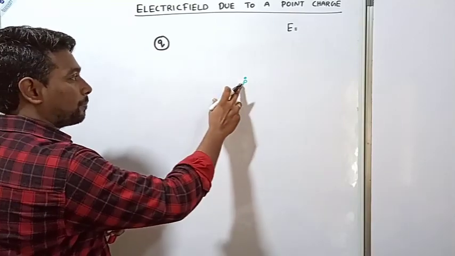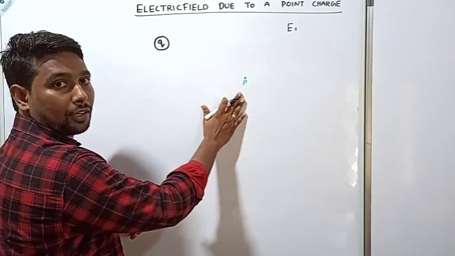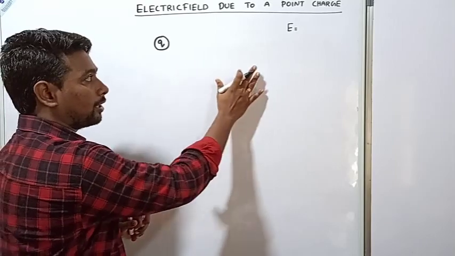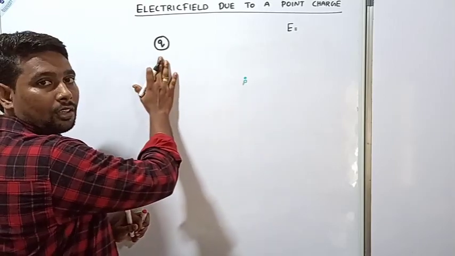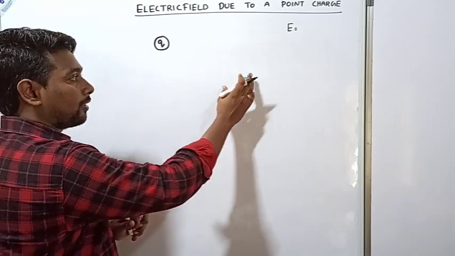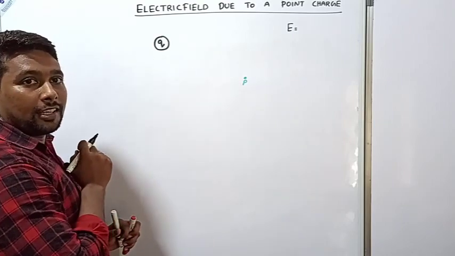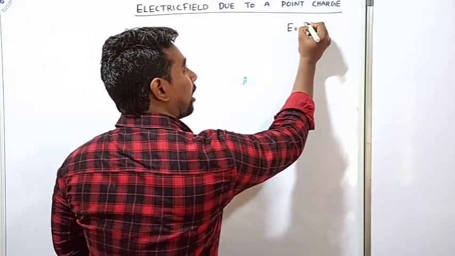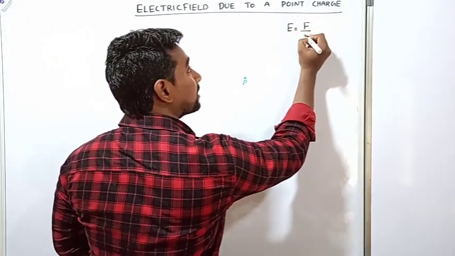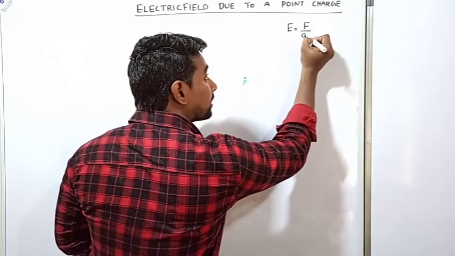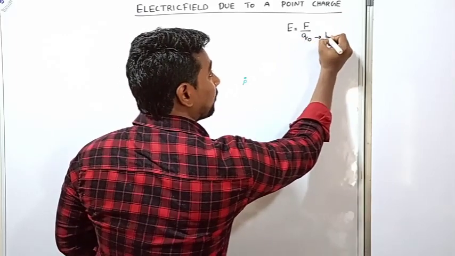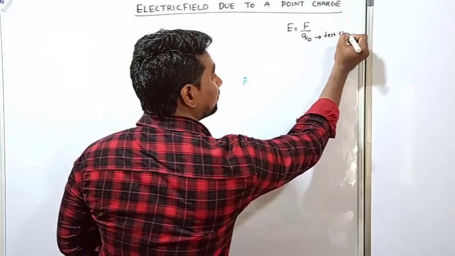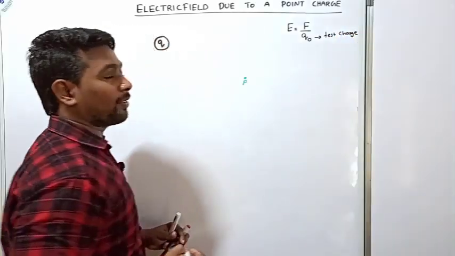Since there is an electric field at these points due to this charge, how will you recognize it? You have to use a test charge, that means see how much force is acting on the test charge. I am considering Q naught as the test charge. This is our test charge.